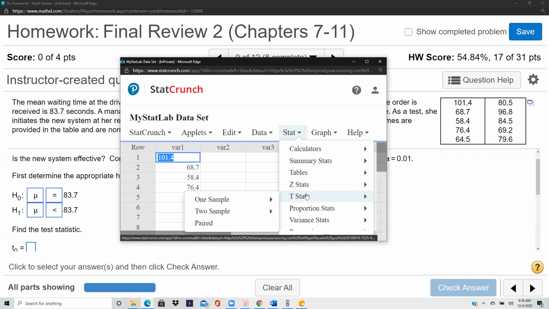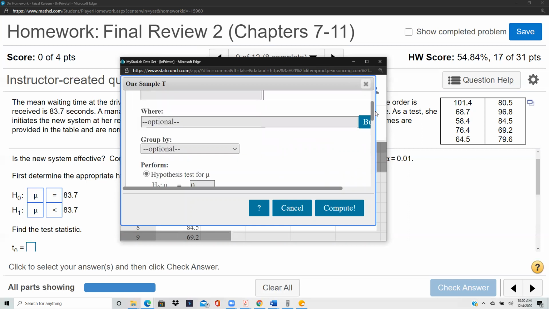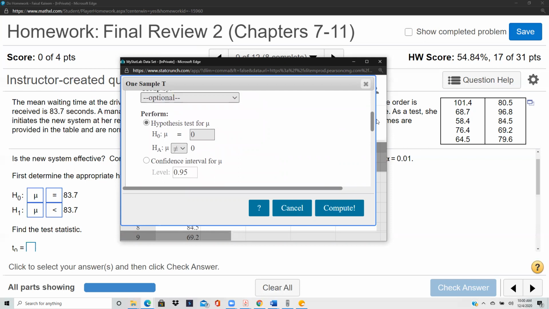So T stats, one sample with data and hypothesis. Oh, here's one thing.